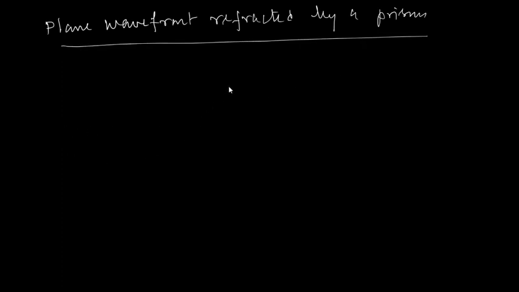Let us consider this as a prism. So we have A, B, C. BC is the base of the prism. AB is the first refracting surface. AC is the second refracting surface, or the emergent surface. Okay, emergent surface.